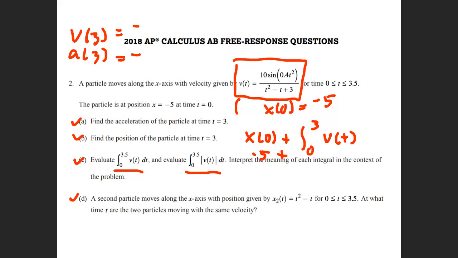All right, so this will help you with points of intersection also, hopefully.